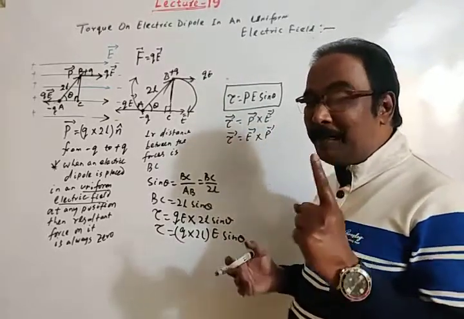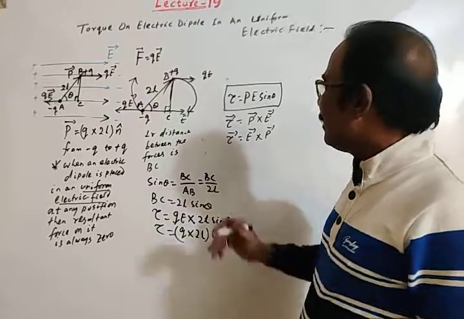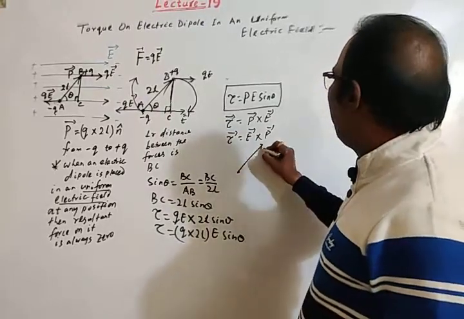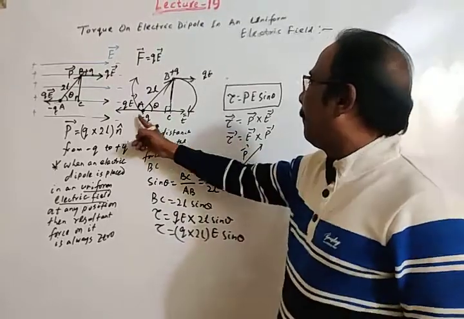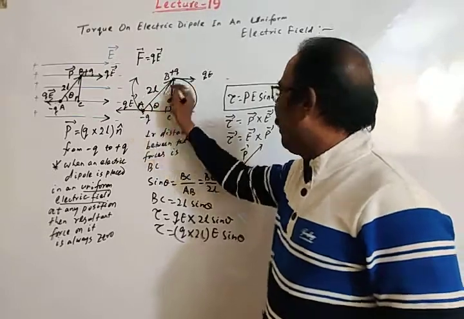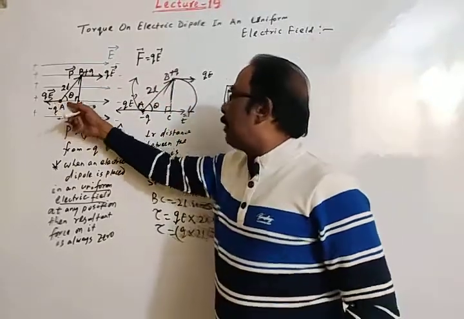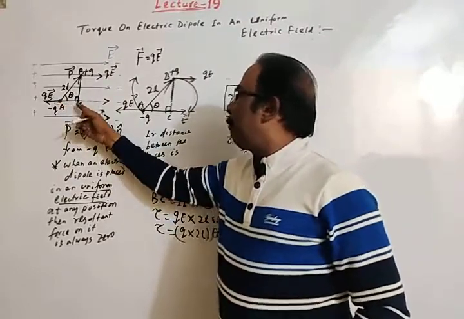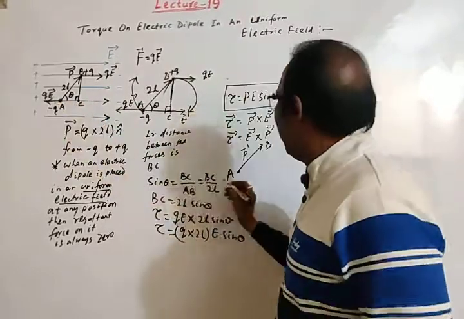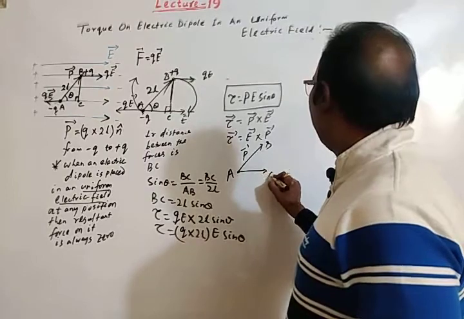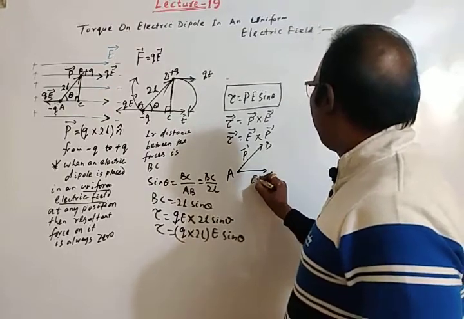We have to see the practical situation. See, this is dipole moment P along this direction from A to B, and this is the direction of electric field, along AC.